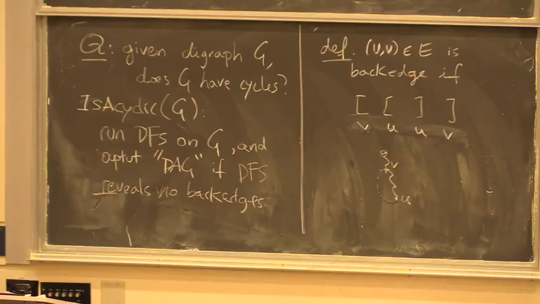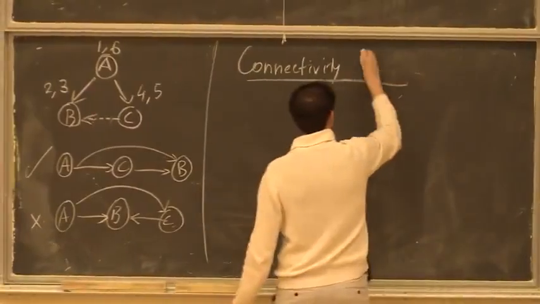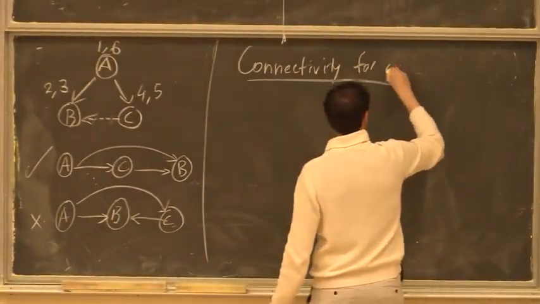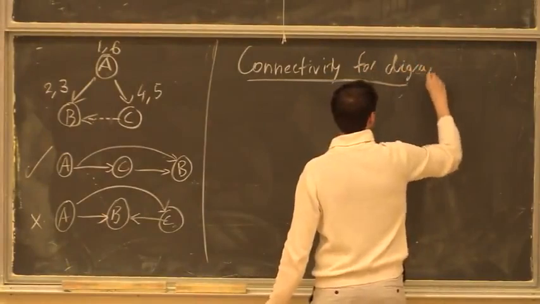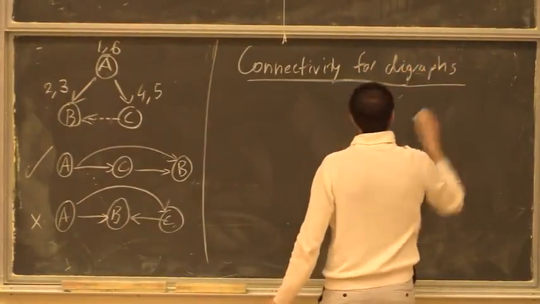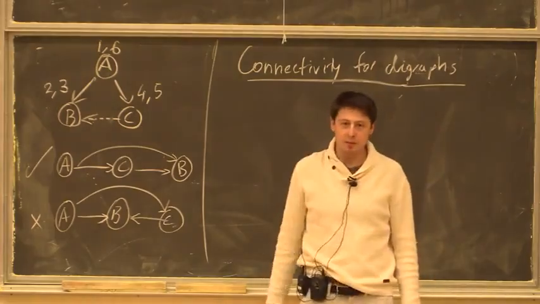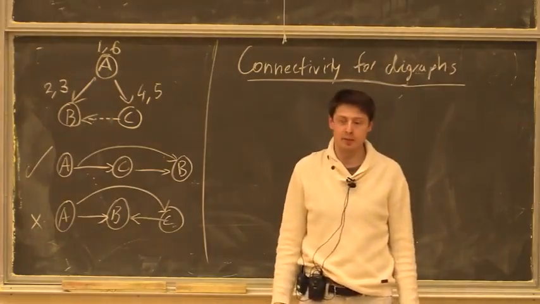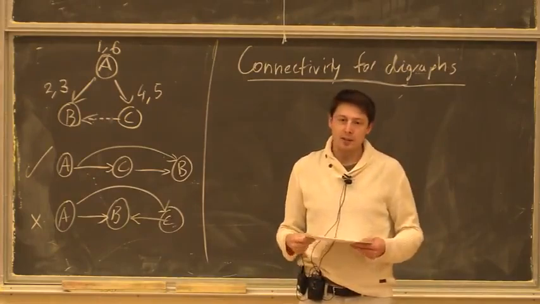All right. So now we come back to connectivity, and we want to ask the problem of connectivity for directed graphs, okay? Now, when we consider this problem for undirected graphs, we had a rather simple definition.